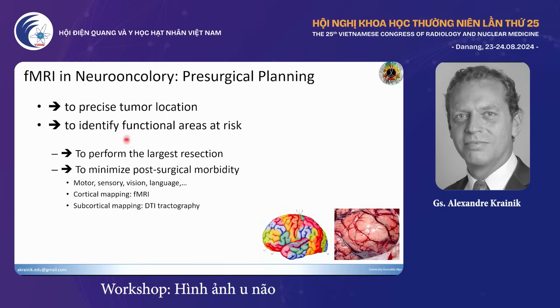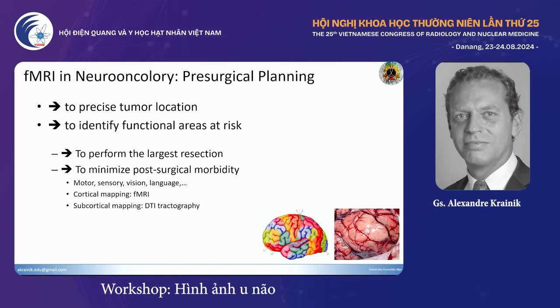And well, the idea is to really better identify and characterize the tumor location. Sometimes the sulcogyral anatomy can be changed a little bit, and it allows you to better identify the anatomy. It allows you to identify the area at risk when it's too close to the lesion.